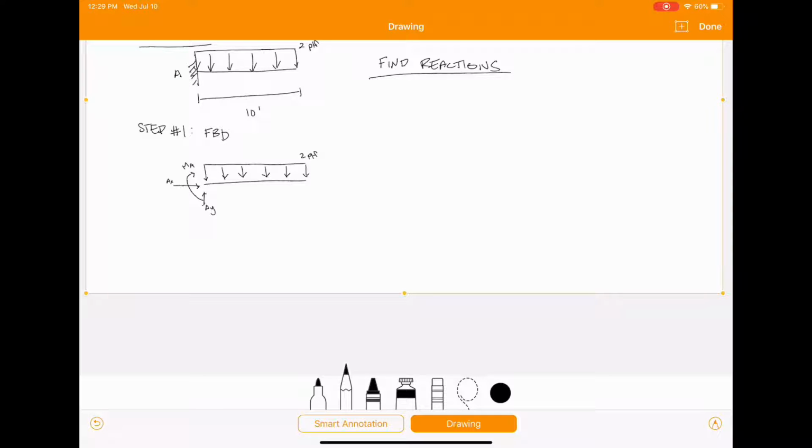These are completely arbitrary. We're guessing right now. When we solve our equations of equilibrium, we will figure out what direction they're actually going.